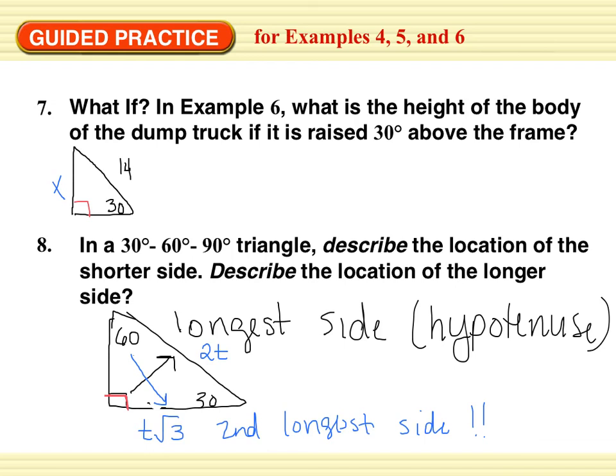And then we have the 30 degree angle. Across from the 30 degree angle is the smallest side. So the smallest angle across from it is the smallest side. Make sense? Okay, you still need to do number 7. I'm going to push pause and you can work on it on your own.